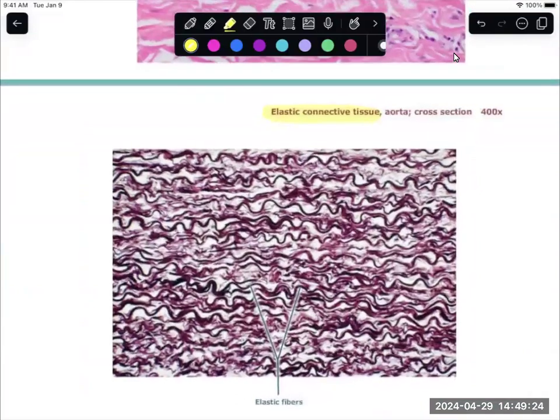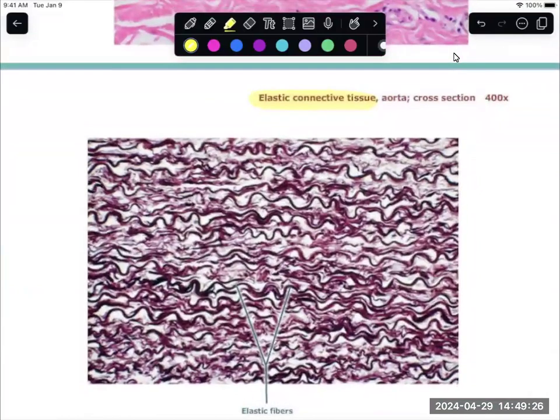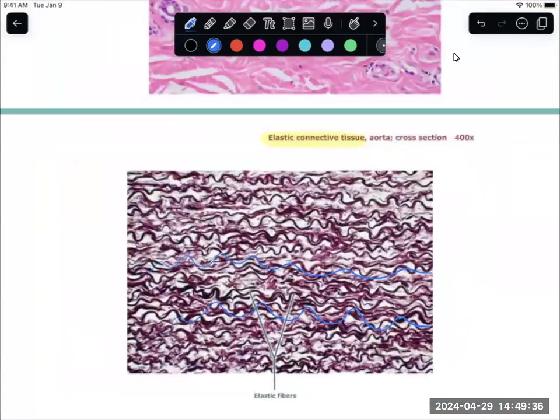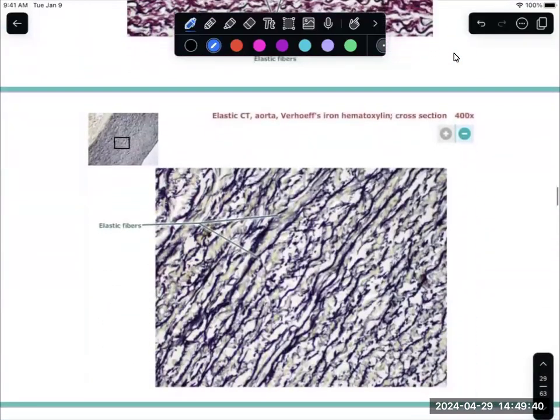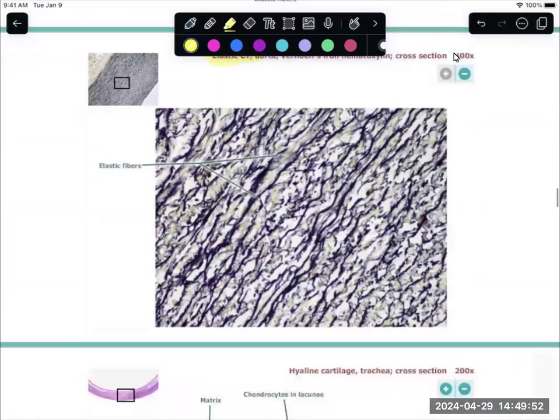Here you just see lots of black elastic fibers, all these little zigzags going across here. Those are just elastic fibers that are in a relaxed position. Here's another example of that elastic connective tissue, just a different stain. But you see lots of those black zigzaggy fibers, making it that elastic connective tissue.